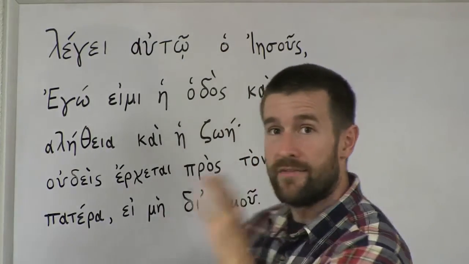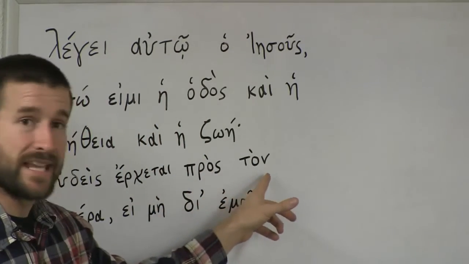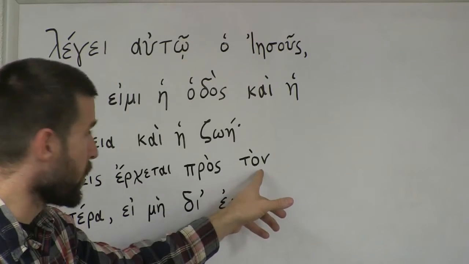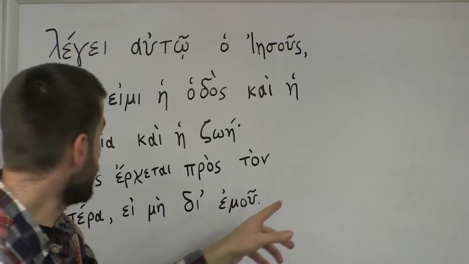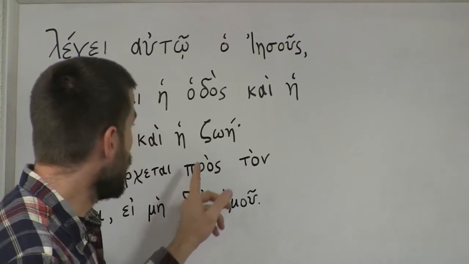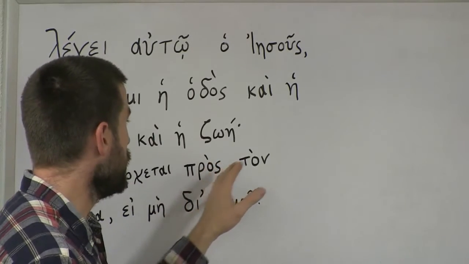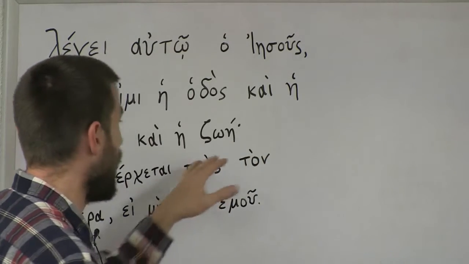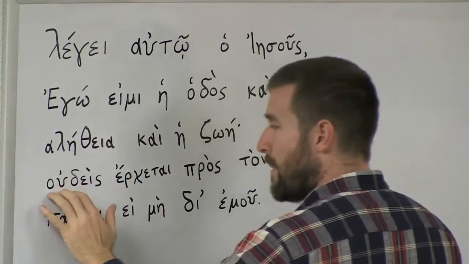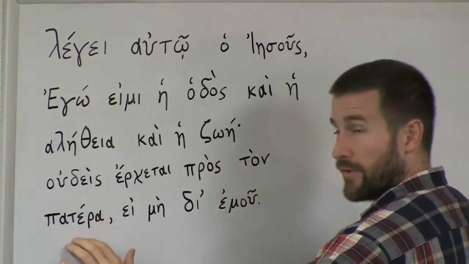But even though it's being used with a different definition here, it is still taking that accusative case, okay, with our word ton. So it goes, udis erchete pros ton patera, to the Father, or unto the Father. So it's saying no one, no man cometh unto the Father.